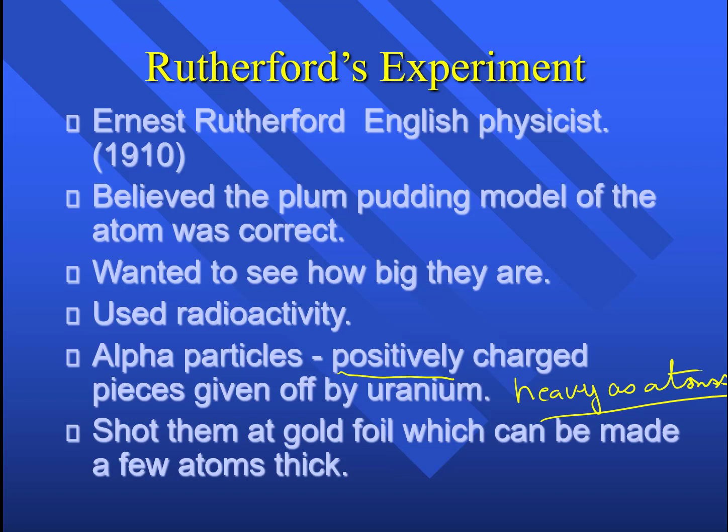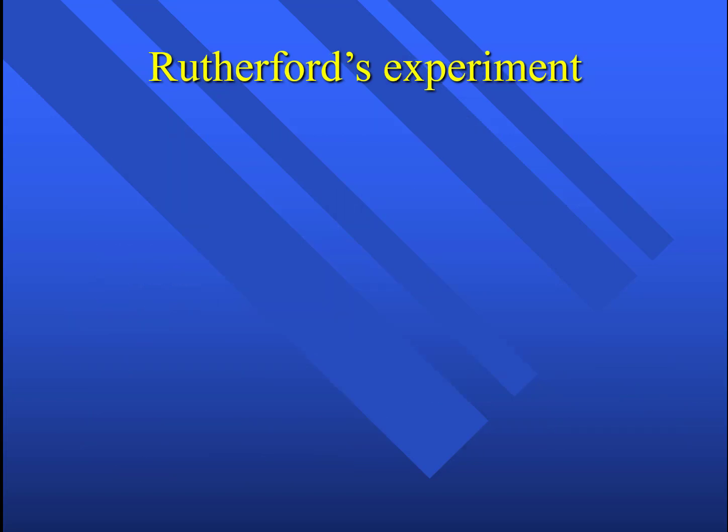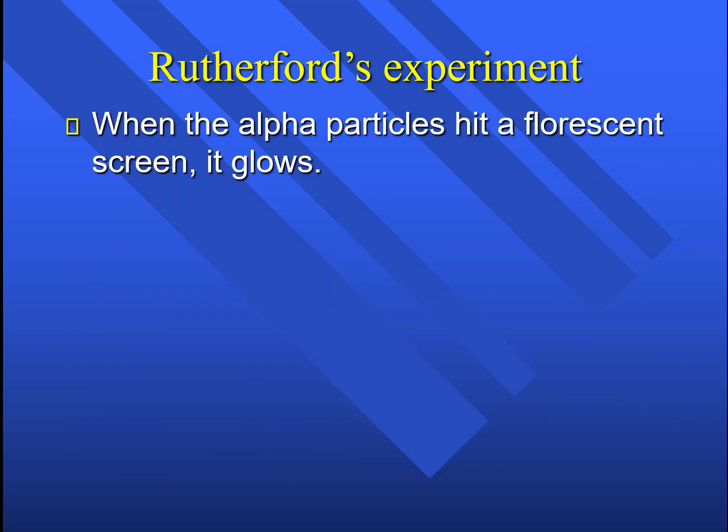So he's got a positive particle that he knows interacts with atoms because enough of them will stop it. But he doesn't want to interact with a lot, just a few. And he needs a way to see those alpha particles because we can't see them. If you think about the two videos we watched for the cathode ray tube, in the first one we couldn't see the beam, it just spun the wheel.